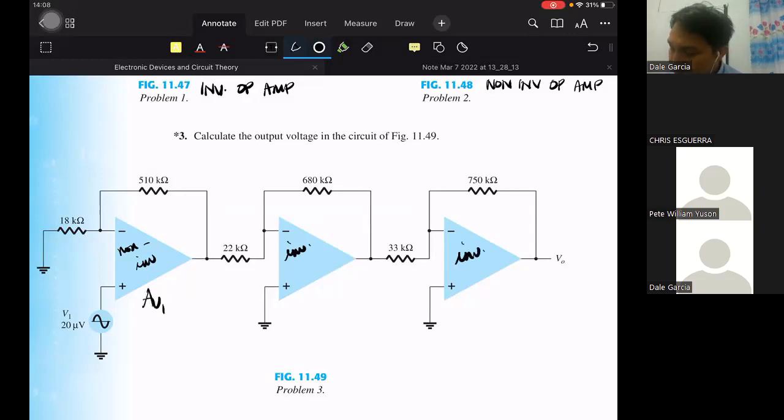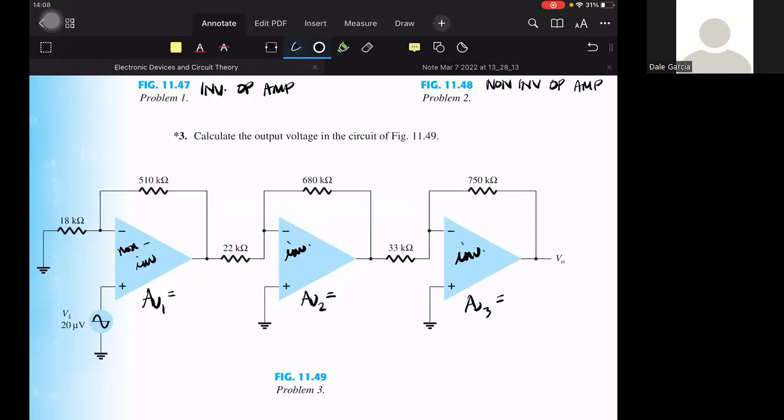So let's solve first for the individual gains. How was the first? 29.3, sir. 29.3. Negative, no?